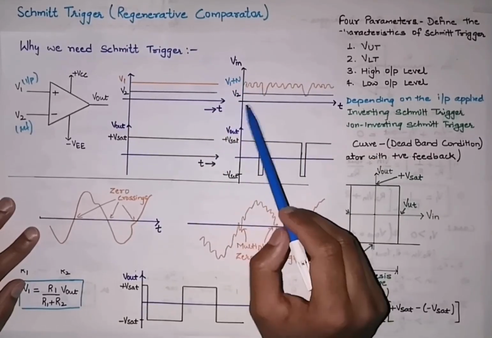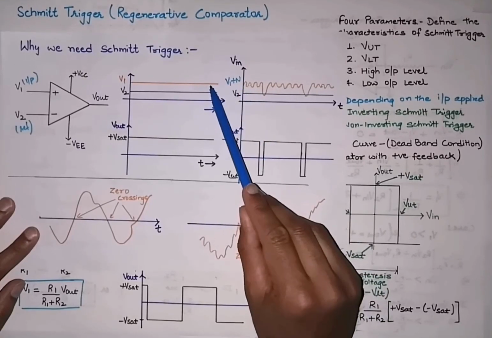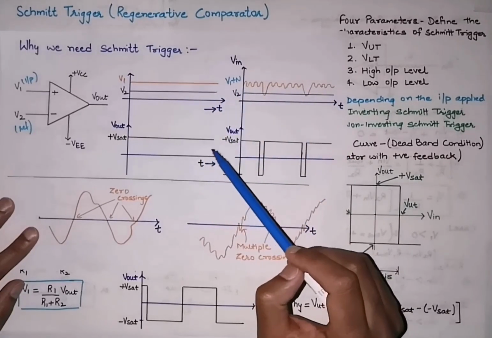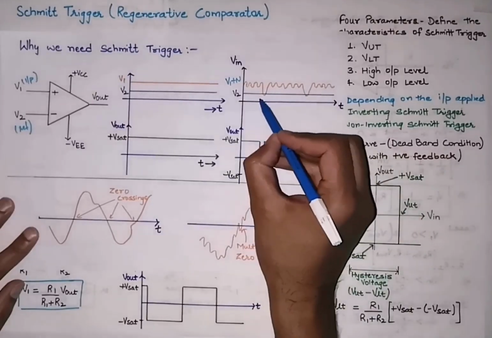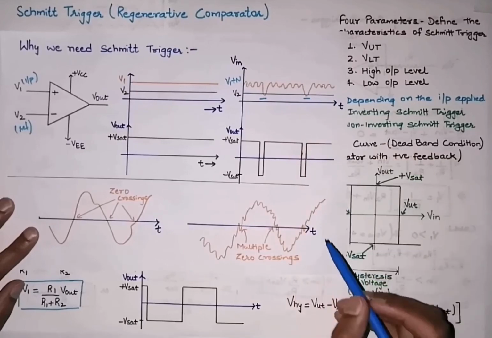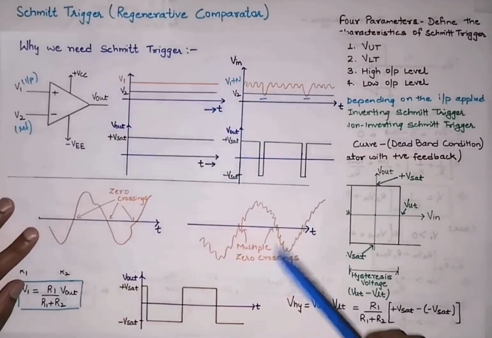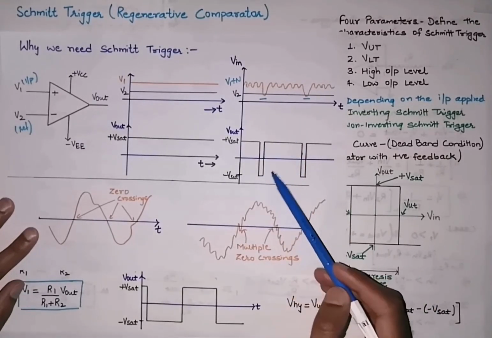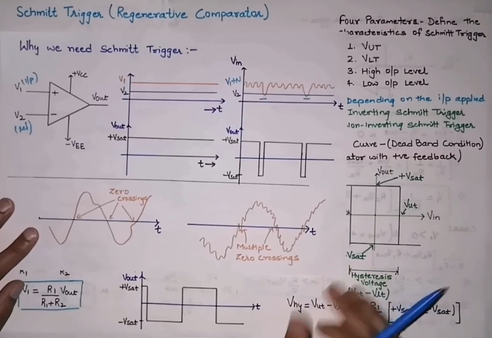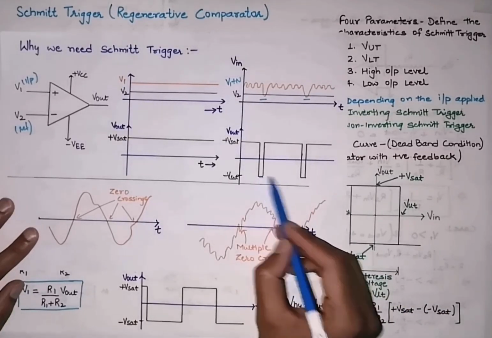So now you can see that there are variations in the signal with reference to the V1 level, and due to these variations you can observe here that at these 2 points, at this point and at this point, the signal is going below the reference signal or the V2 signal, due to which our output is moving from plus V saturation to minus V saturation, or simply we can say that we are getting an incorrect output at these 2 points.